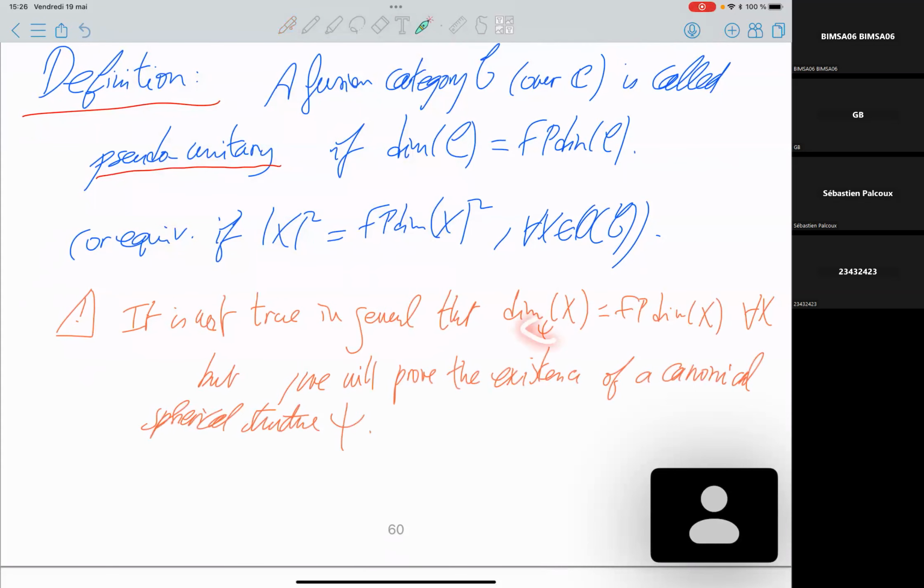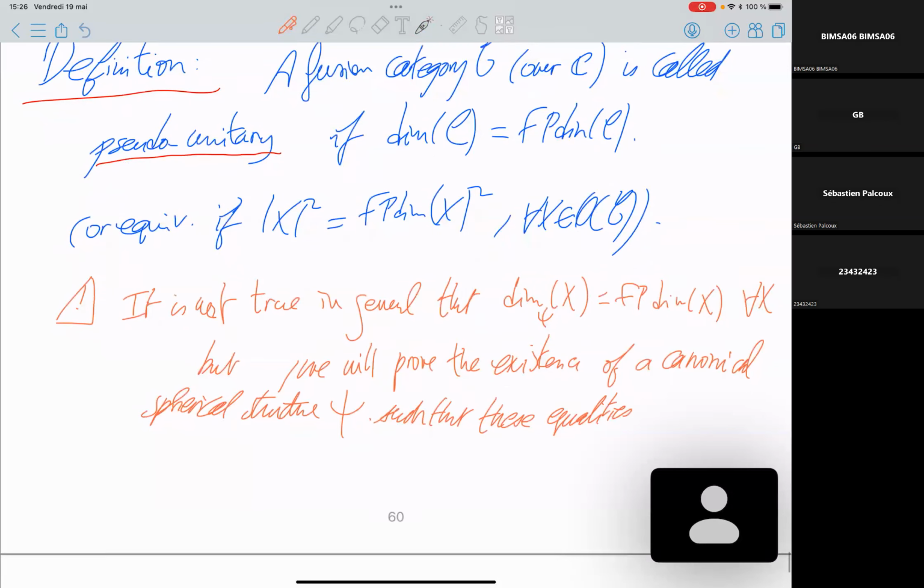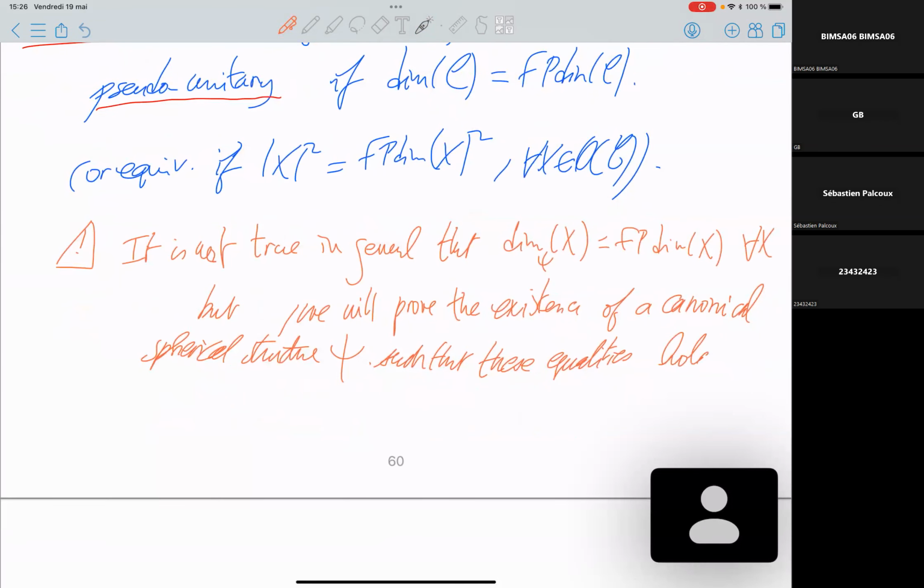Here I put phi before saying that it's a spherical structure, but we will state this theorem soon, so it doesn't matter. So there exists a canonical spherical structure such that this equality holds for all simple objects.